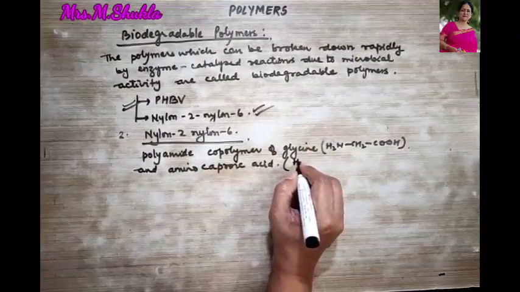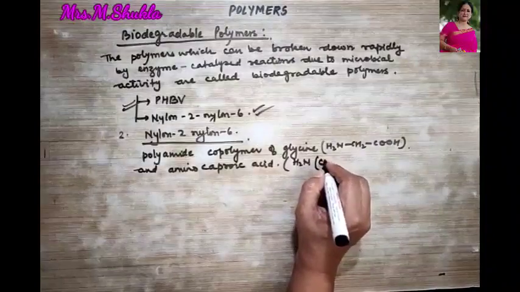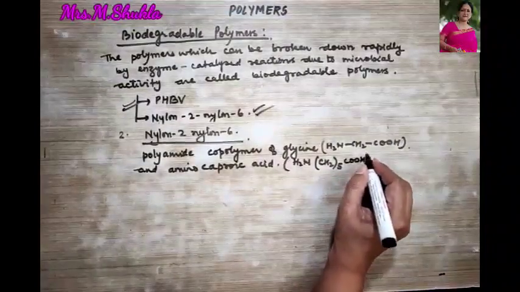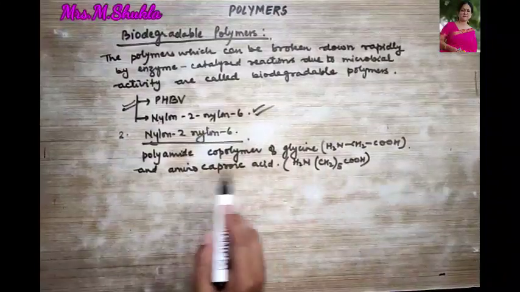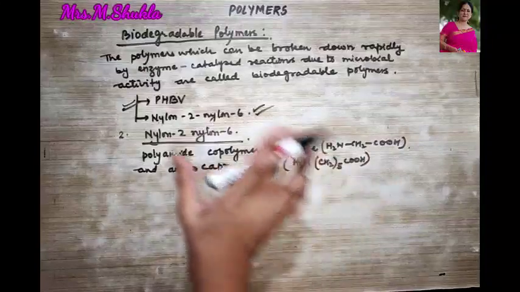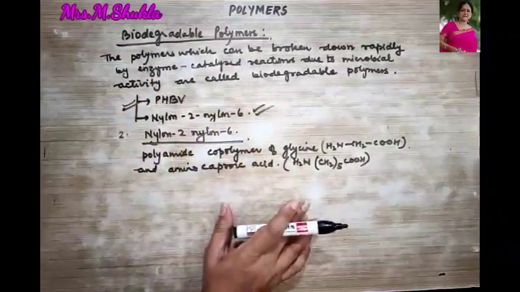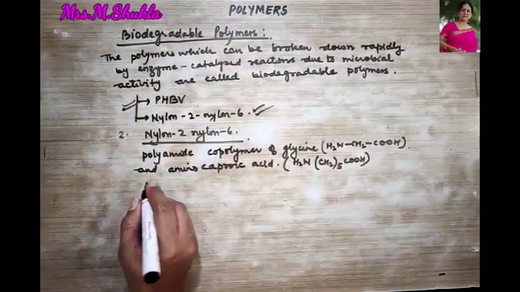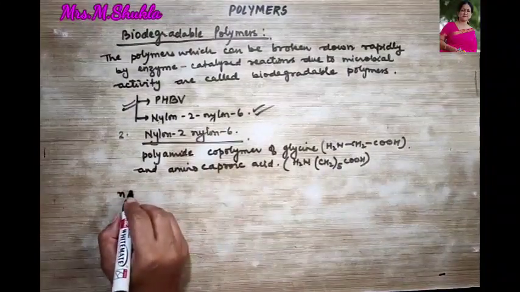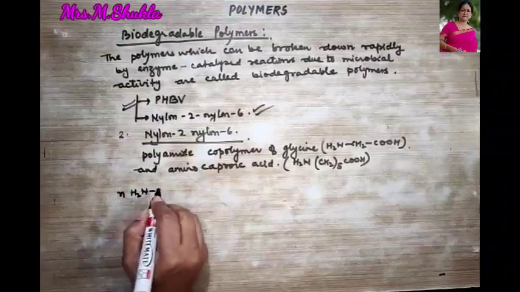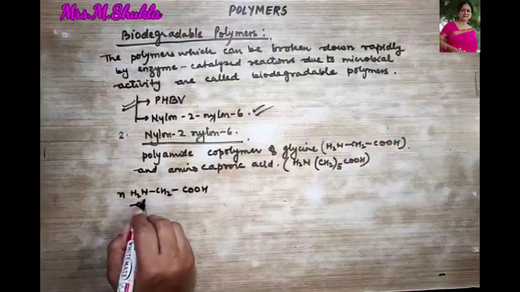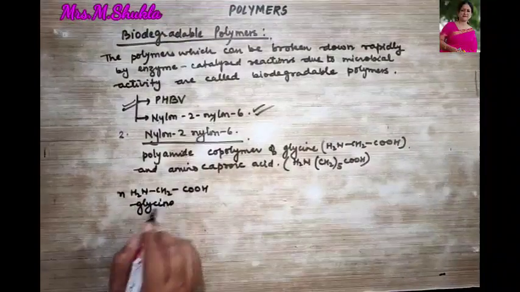Now what is the formula of aminocaproic acid? It is H2N(CH2)5COOH. What is this? This is aminocaproic acid, right? And this is also your, as I told you, biodegradable polymer. So let us see how it is prepared. We take n times of your glycine, that is H2NCH2COOH. I am writing it down over here again, right?